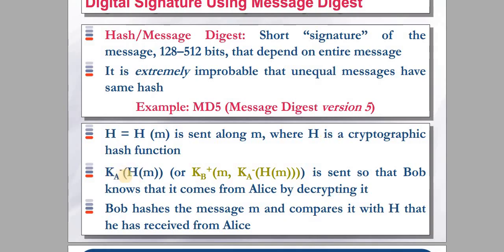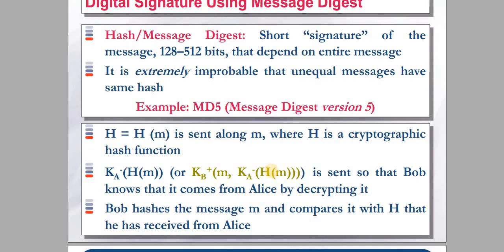So this will be the signature, which is Alice's private key of the hash value, not the message. If you remember, previously we signed the message M. Now we sign not the message M, but the hash value of it. So Alice signs the hash value, not the message itself.